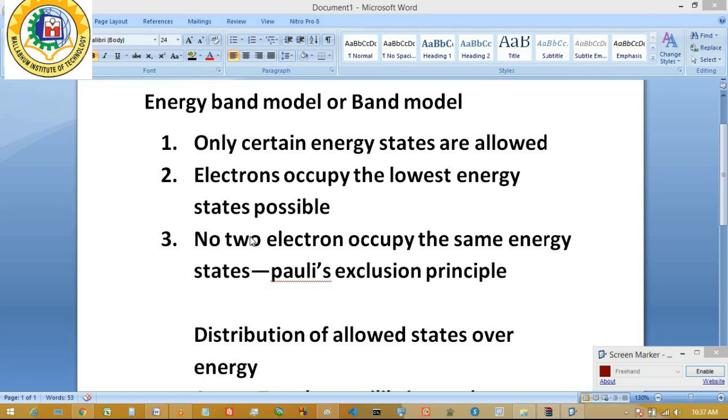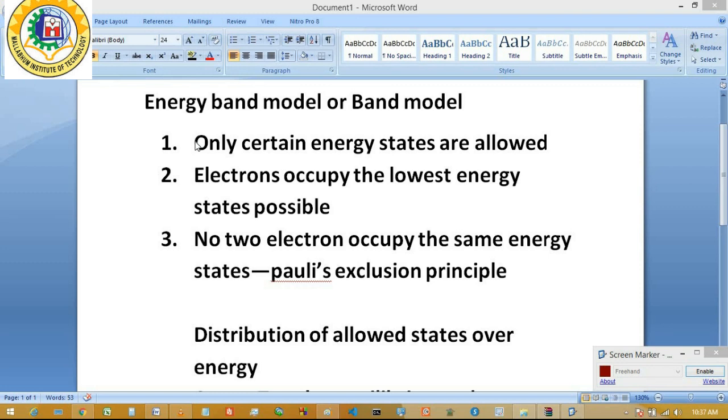So the energy band model stands on three basic tenets. The first tenet is to describe the allowed energy states. In terms of allowed energy states, there are also three statements. The first statement is that only certain energy states are allowed.